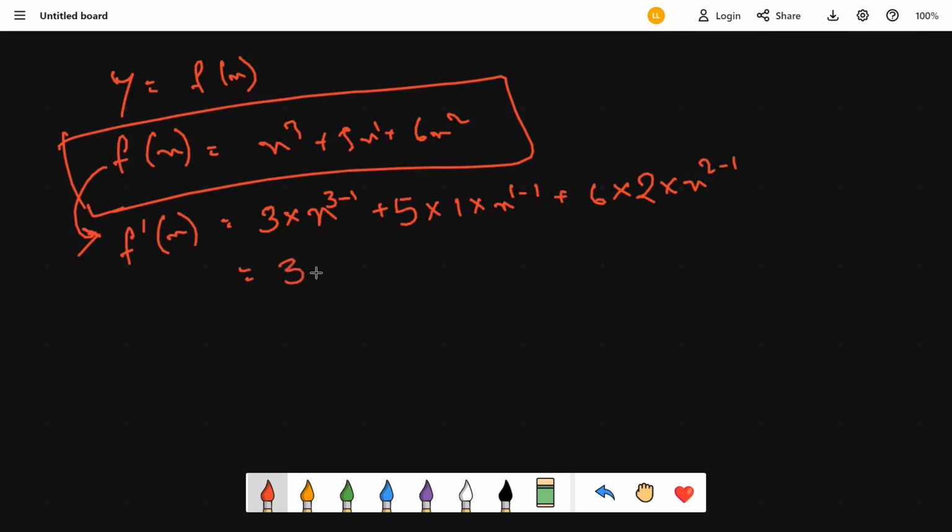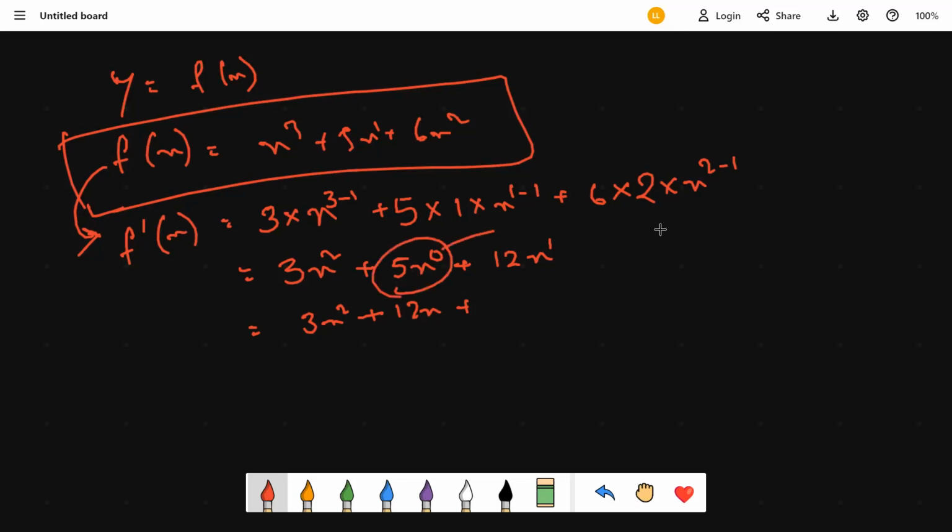Simply we would get 3 times x squared plus 5 into 1, which is 5, and x to the power 1 minus 1 means what? 0. So 5 into x to the power 0, plus we have 6 times 2, so 12 times x to the power 2 minus 1, meaning x to the power 1. If we rearrange them from the highest power to the lowest power, 3x squared plus 12x plus, since x to the power 0 means 1, we can simply write 5.